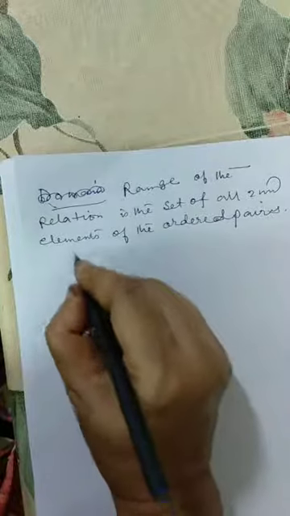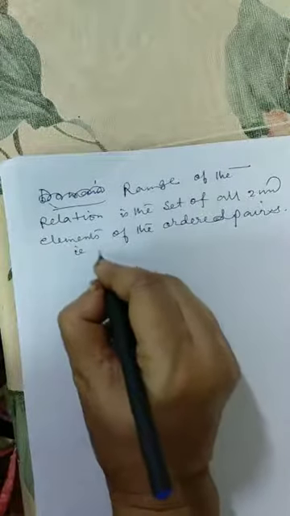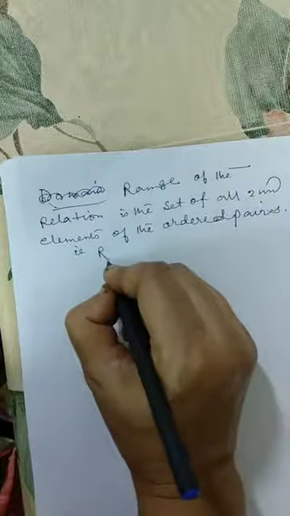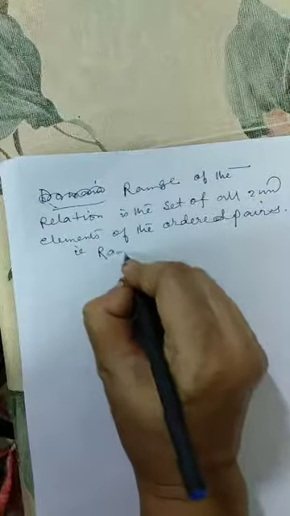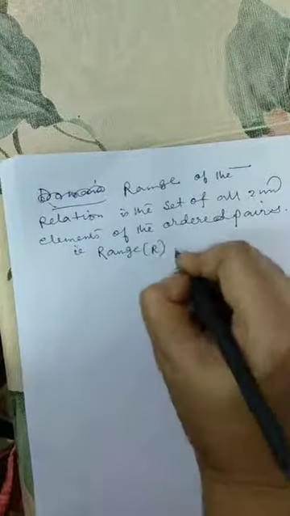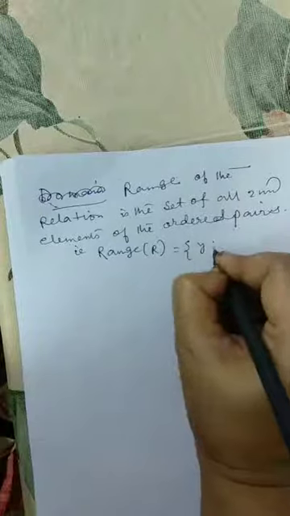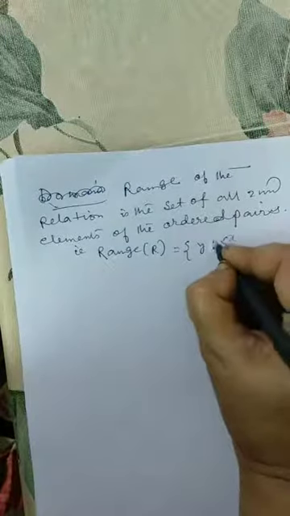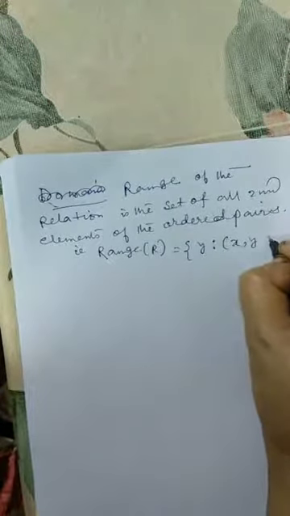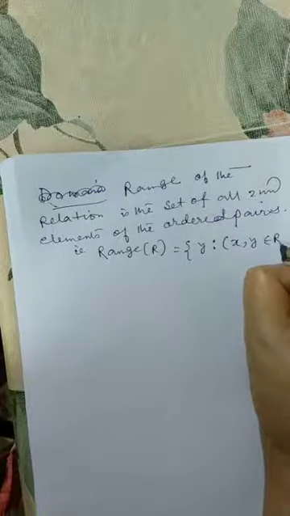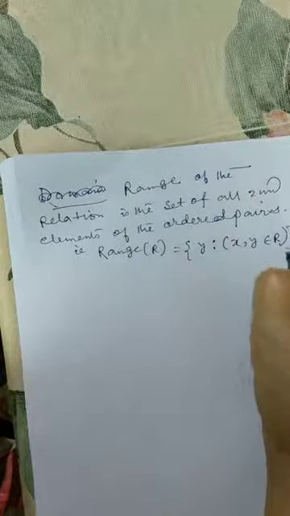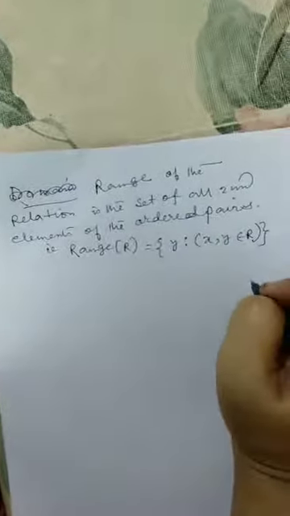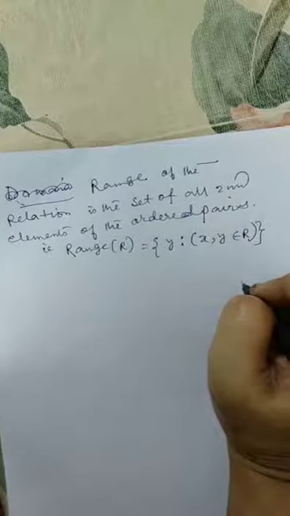That is, range R equals {y such that (x, y) belongs to R}. Okay.